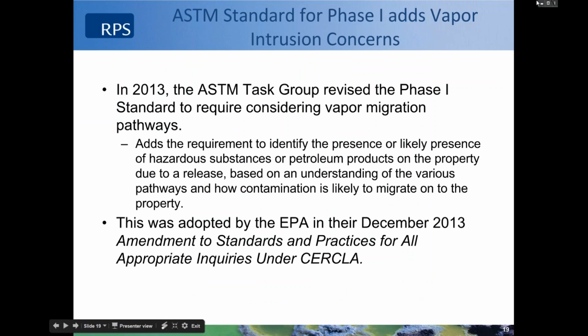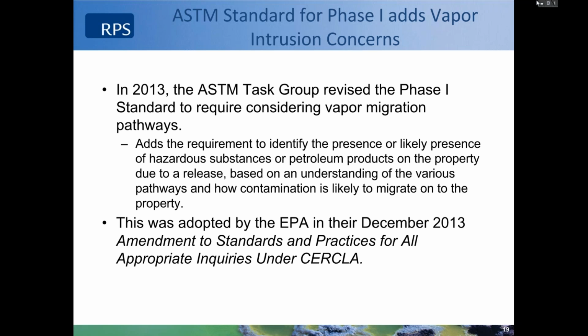So recently, when you start finding these issues, a lot of times they come up during the due diligence period. So you're looking at buying a property. You want to figure out what's going on. So you do an all appropriate inquiry search, looking through the reports, trying to figure out, was there any use on the site that might have caused an environmental problem? It wasn't until 2013 that ASTM, who actually provides the guidance for doing these Phase 1 reports, came out and said, well, you need to start looking at the vapor migration pathways as well.